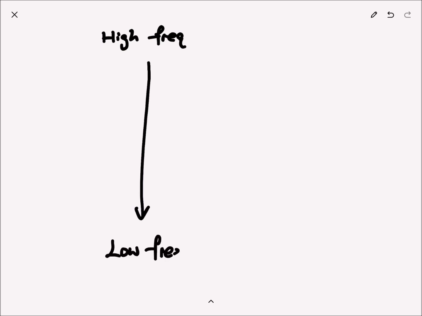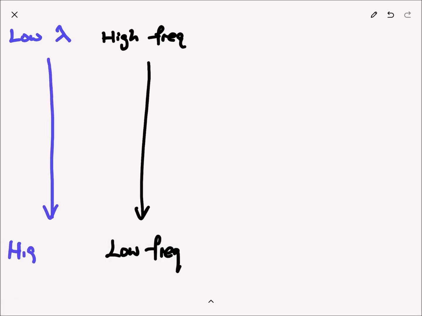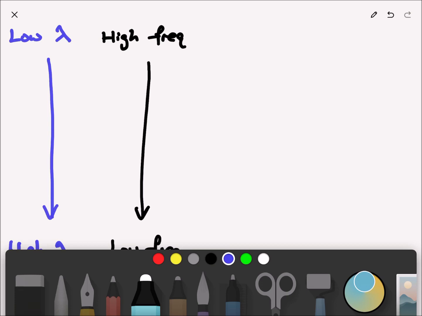For this particular sequence, I will remember it from the high frequency band to the low frequency band, and they all belong to the same electromagnetic spectrum. Since I have memorized listing them down from high frequency to low frequency, it is also the same as listing down the wavebands from low wavelength to high wavelength, because they are inversely related.